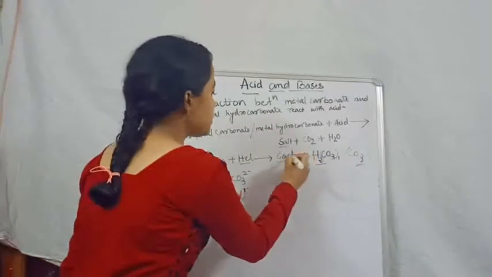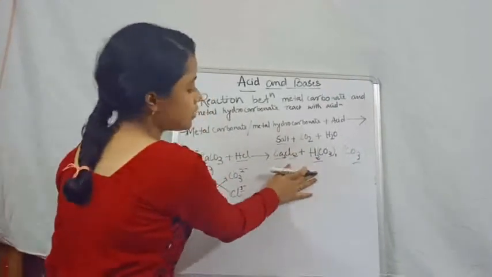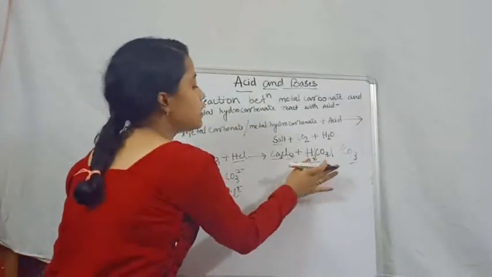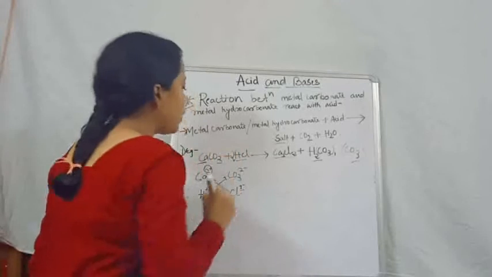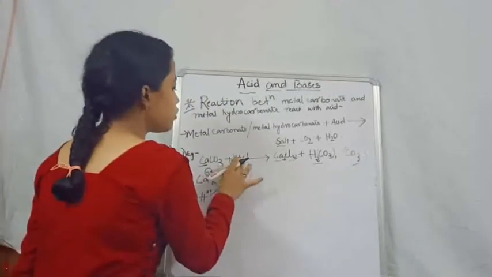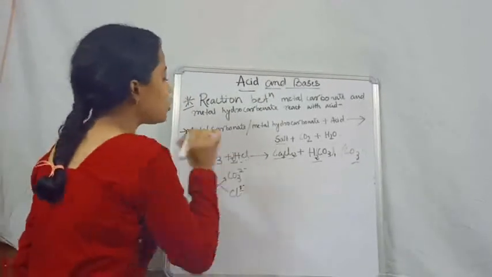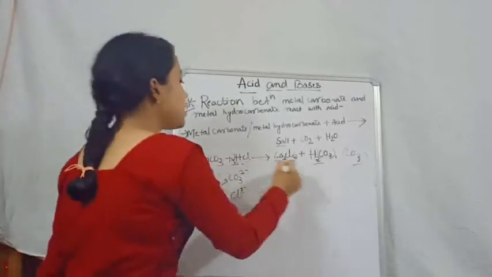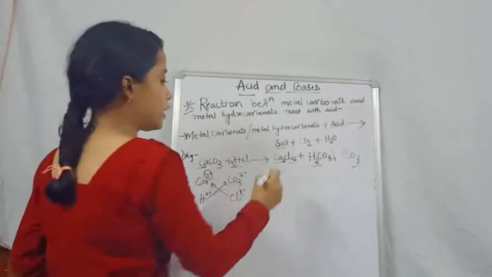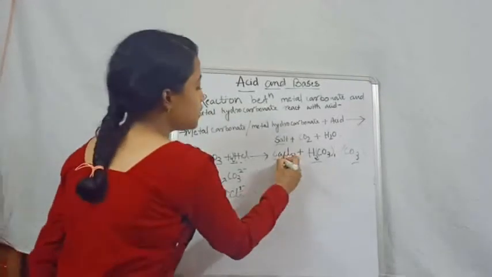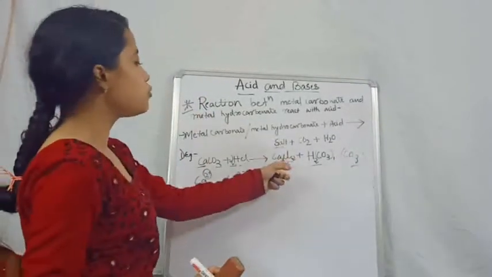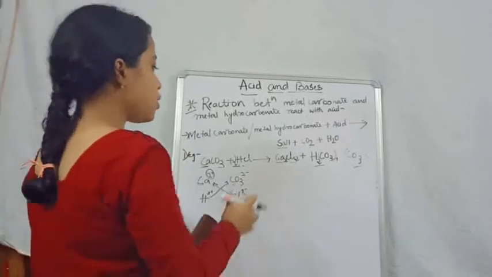What is missing is that chlorine here is having 2 and hydrogen 2. If we just put a simple 2 here, we will get this side also hydrogen 2 and chlorine 2. So almost these are balanced, but we cannot write the 1 subscript in this manner.